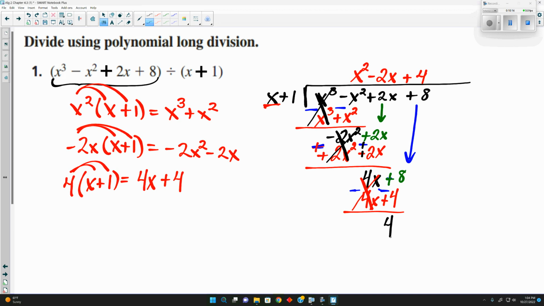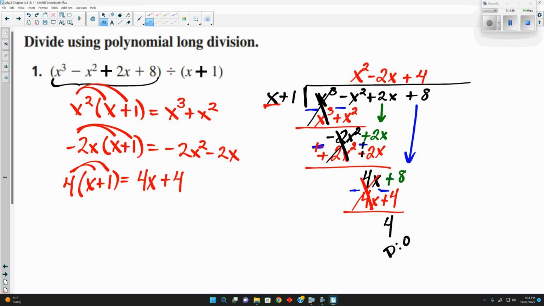Do we have any more terms to bring down? No. How many terms do we have left? 1. How many do we have that we're dividing by? 2. So we're done. If we think of it as the degree, the degree of the polynomial that we have left is 0, because there is no variable, so that means x to the 0.